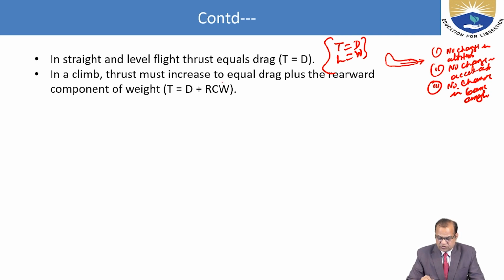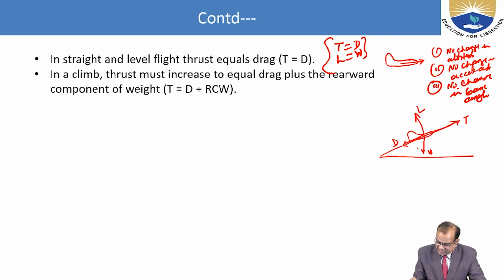Thrust must increase to equal the drag plus the rearward component of the weight. We have seen here, and I will draw again. This is your aircraft. This is the weight, this is the drag, this is the thrust, this is the lift, and this is the gamma.